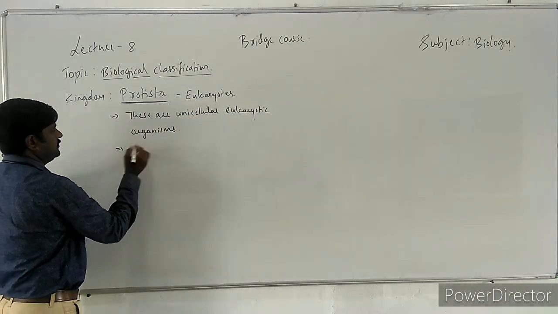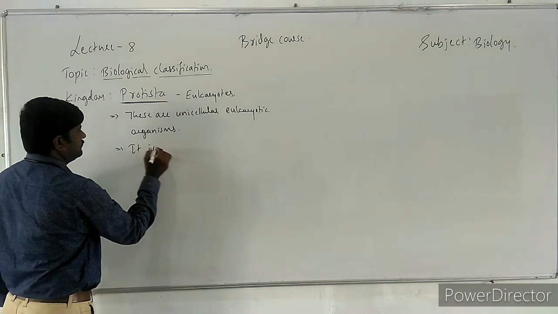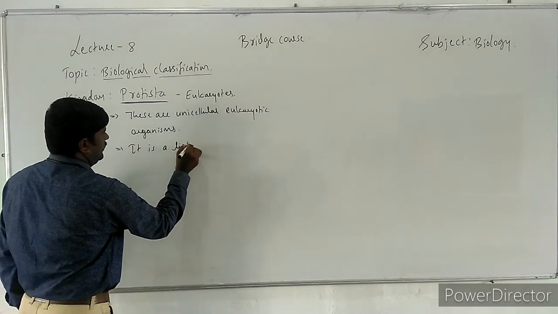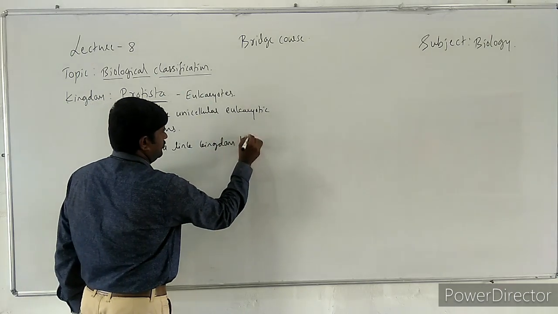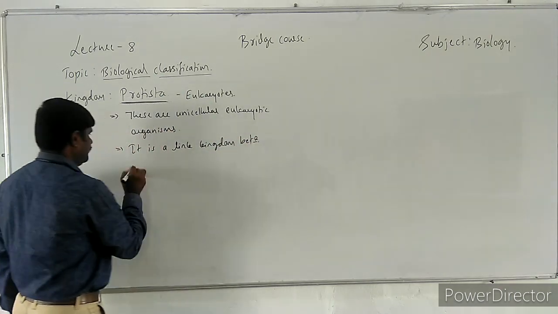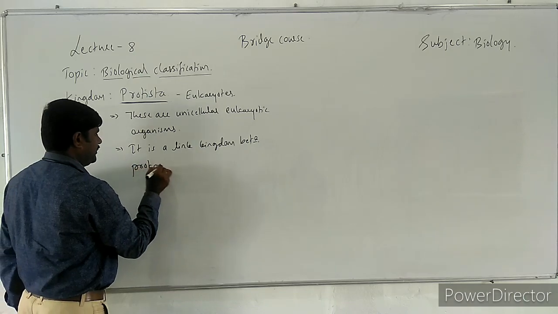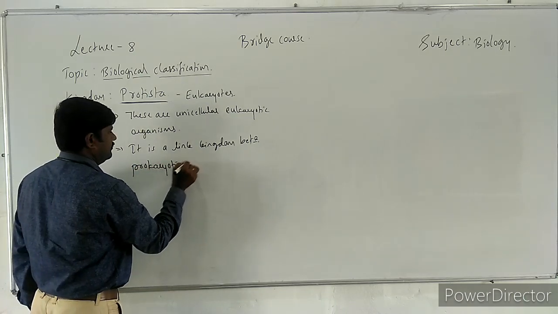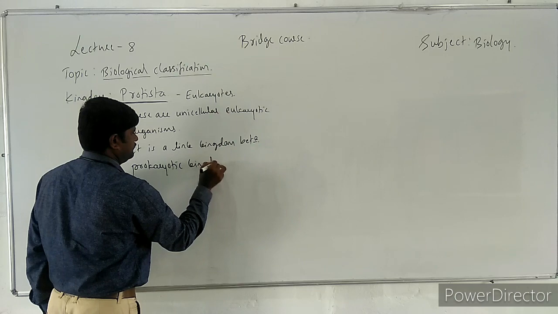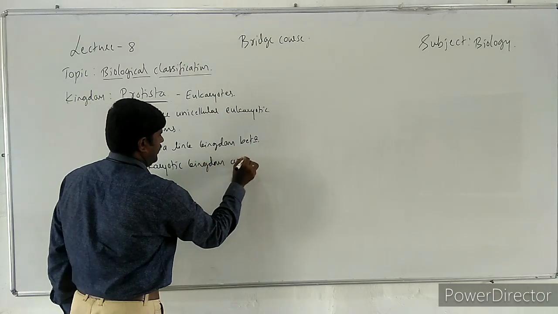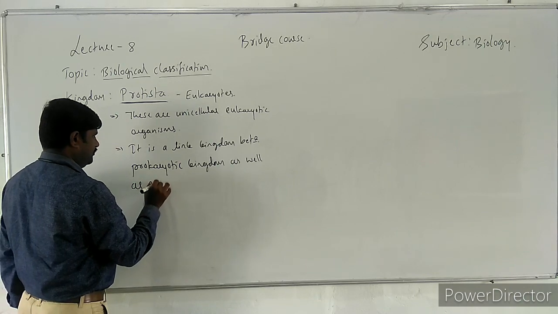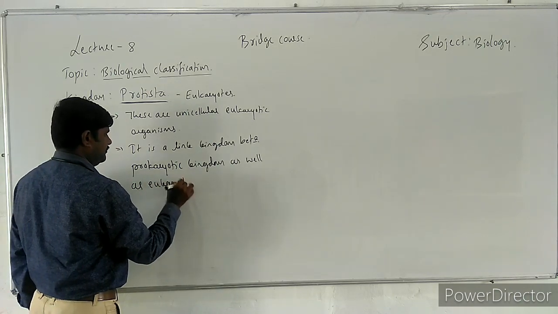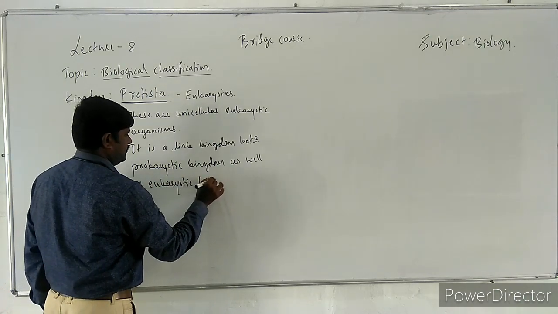Means this Protista is a link kingdom between the prokaryotic kingdom as well as the eukaryotic kingdom.